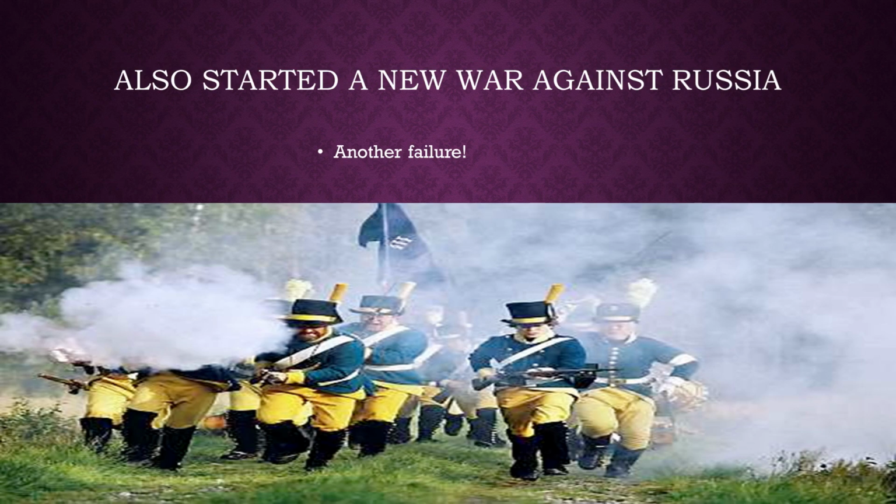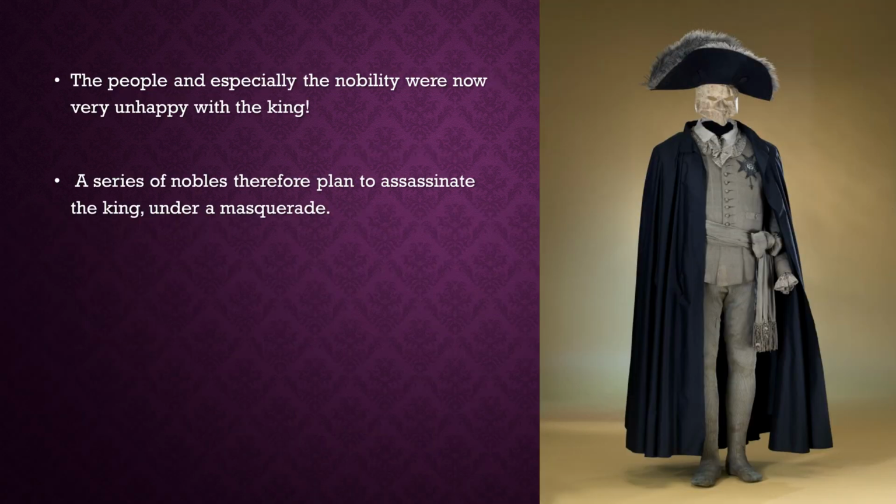He also started a new war against Russia, but yet again another failure. The people, and especially the nobility here in Sweden, were now really unhappy with the king. A series of noblemen therefore planned to assassinate the Swedish king, and their plan was to attack during a masquerade.